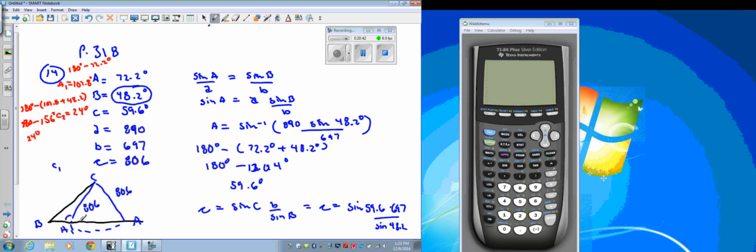I'll stand corrected. Where we got which one? This right here. You take this angle and add this angle, and that's 156, and that gives you this angle. But there would have to be a C1 associated.